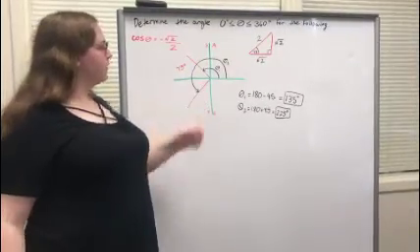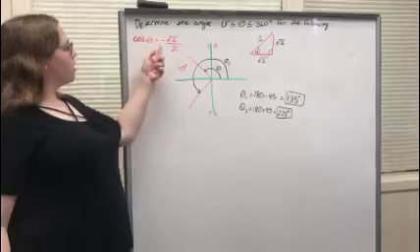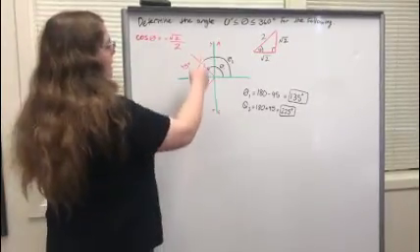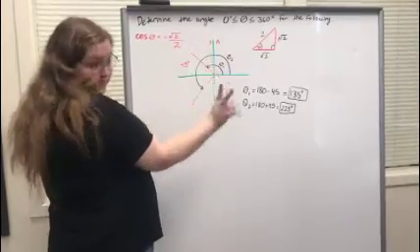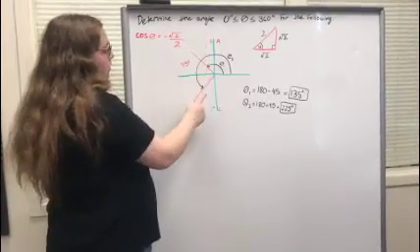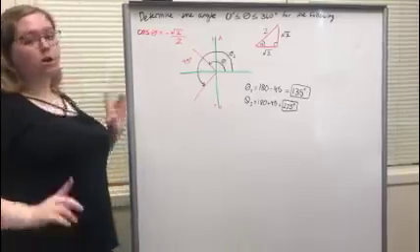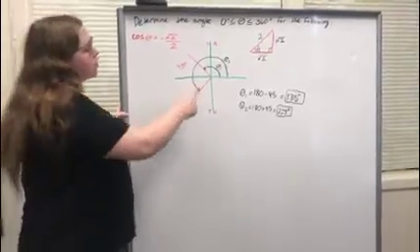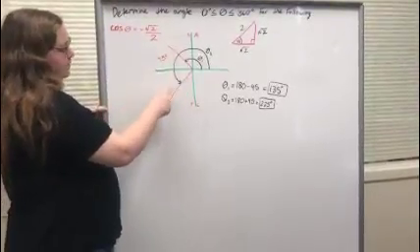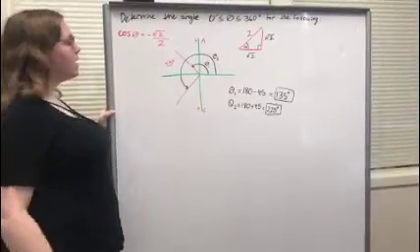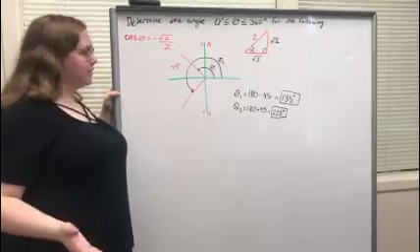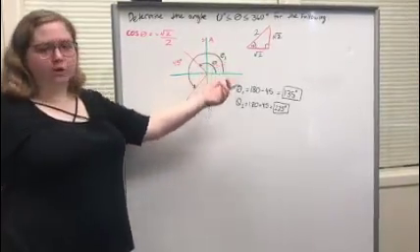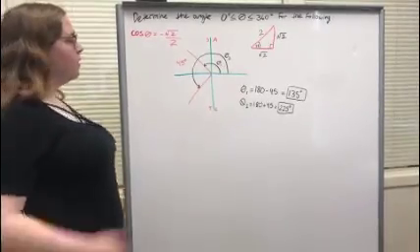Now that we have that right triangle, we can take this reference angle of 45 and apply it to our unit circle. Because we know that our cosine here is negative, we know that it has to be in either the second or third quadrant, because cosine is negative in these quadrants. So we're going to draw two reference angles of 45 degrees. But we know that our actual angles can't be 45 degrees because 45 degrees is in the first quadrant. So how are we going to solve for that?